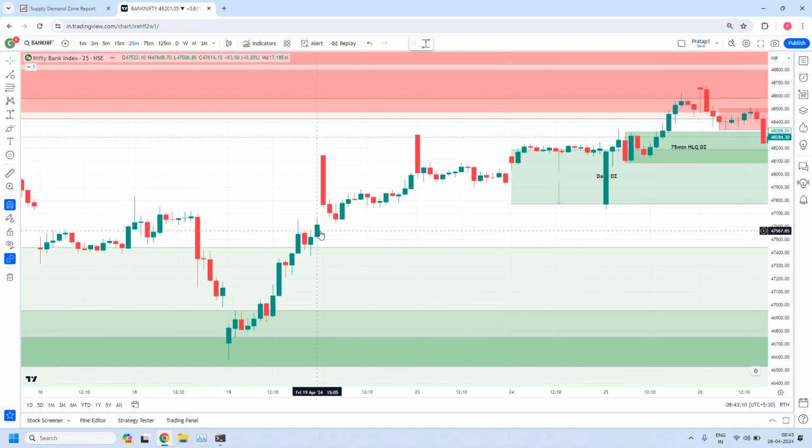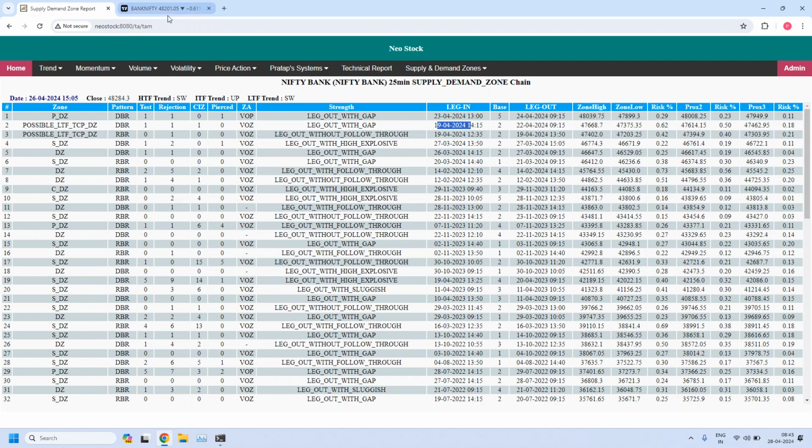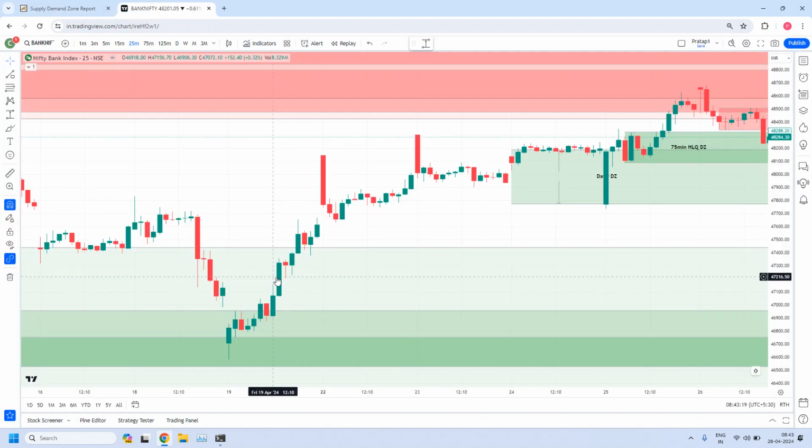19.4, 14.15. After that, 2 base candles.